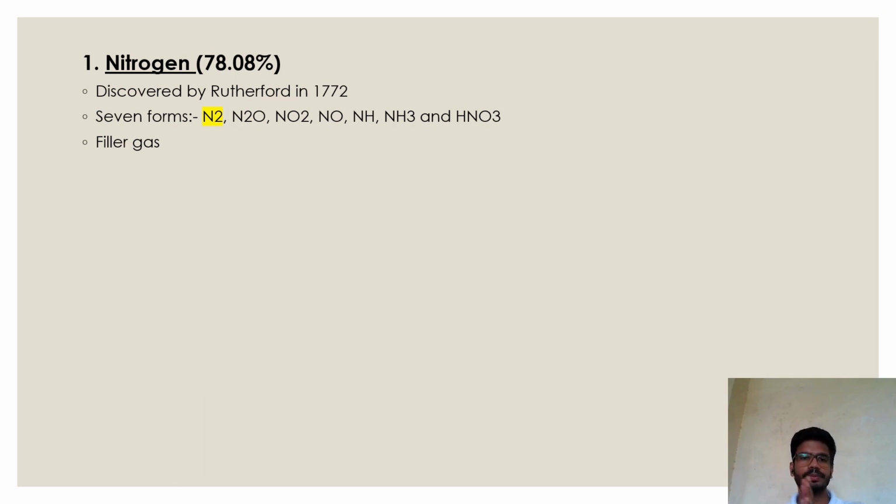Okay, so it is found in 7 forms in the atmosphere. The first one, N2, is the molecular form. The next three are called oxides of nitrogen, like N2O, NO2, NO. And the last three, NH3, NH, and HNO3, are hydrogen nitrogen compounds.